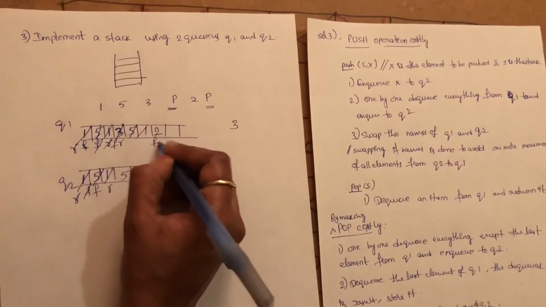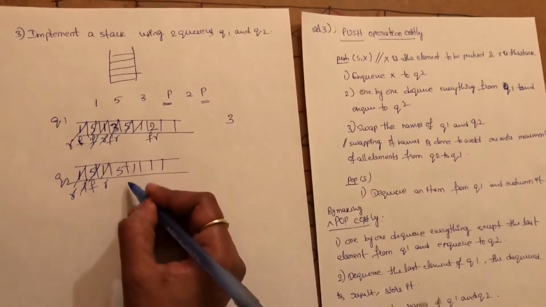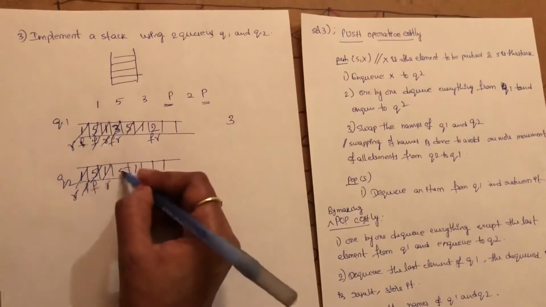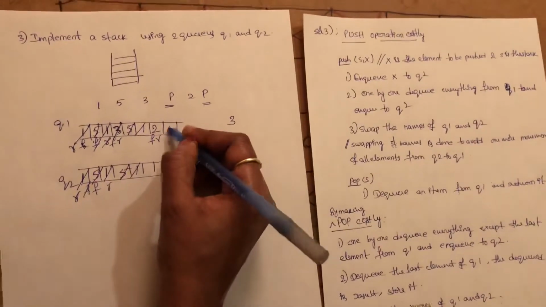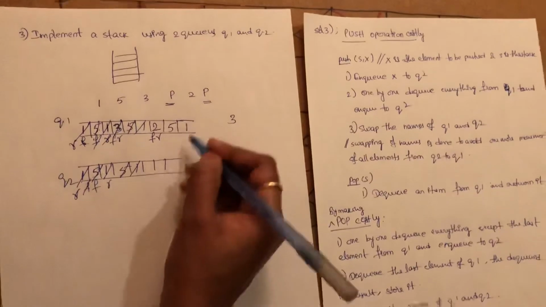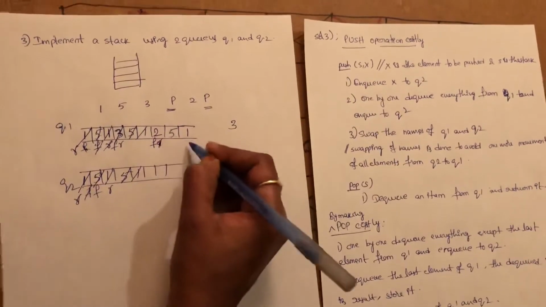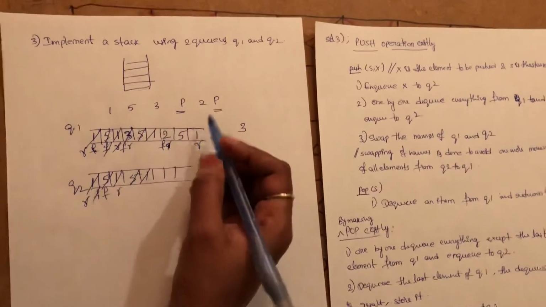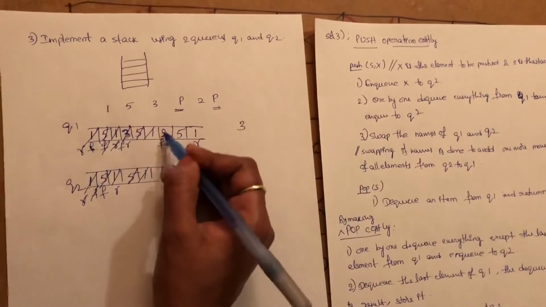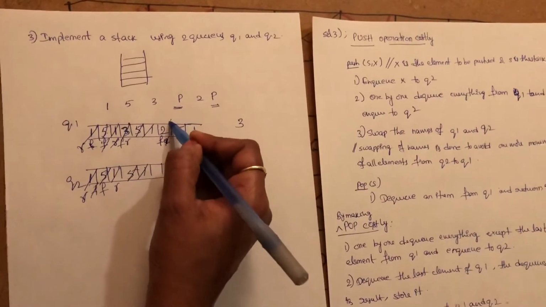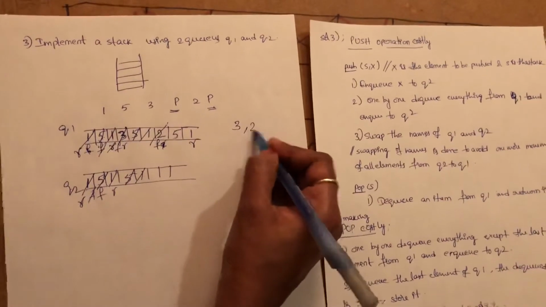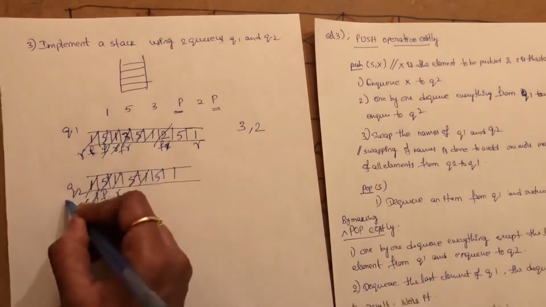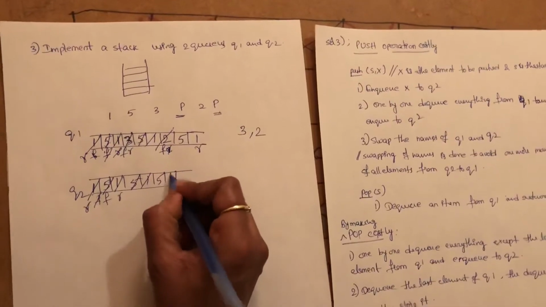Then the front becomes here and the rear becomes here, and again we DQ elements from Q2 to Q1, and 5 is here and 1 becomes here. The next operation is pop, and we take the first element and print it here. Then again we DQ them to Q1 and push them into Q2.